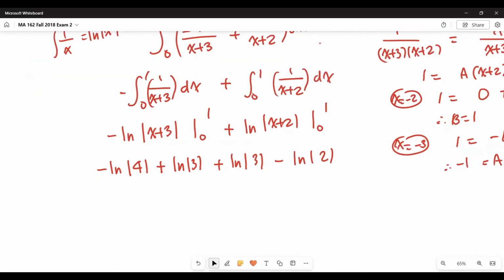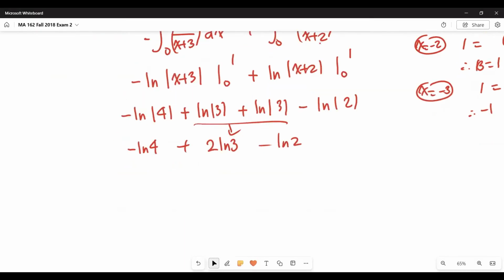Okay, so this is 2 ln 3, right? If you notice, I took out the absolute value because the absolute value of 3 is just 3, so you don't have to put any more absolute value signs. So this becomes 2 ln 3 and we're left with -ln 4 minus ln 2.